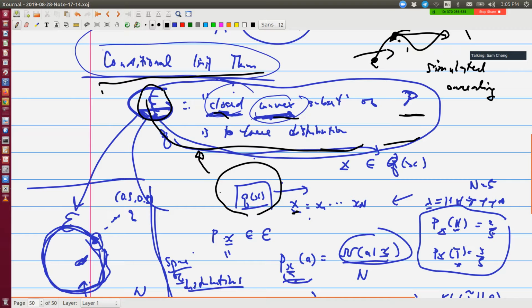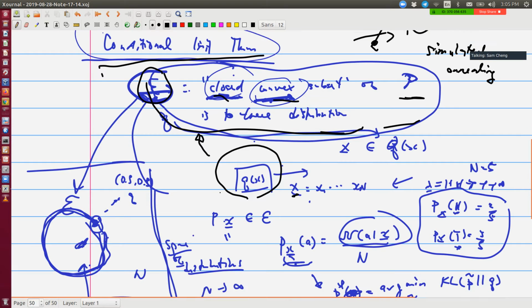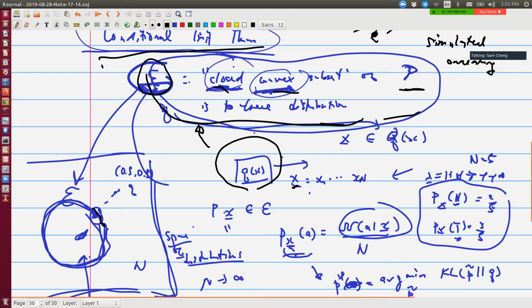Then the conditional limit theorem is saying the following. Let's say this is the closed convex subset of the set of distributions, this is the true distribution, and this is the space of all the distributions.